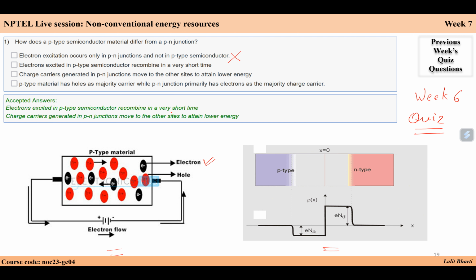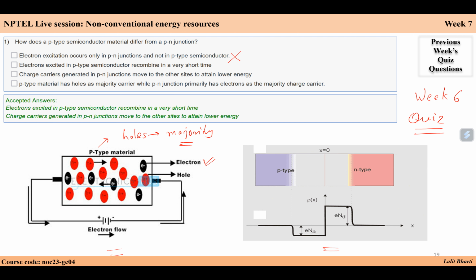Second, electrons excited in a P-type semiconductor recombine in a very short time. That is correct because in P-type, holes are the majority charge carriers. Although electrons get excited, their lifetime is very short in P-type.